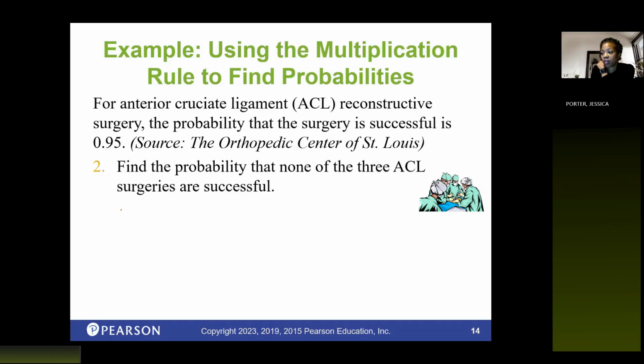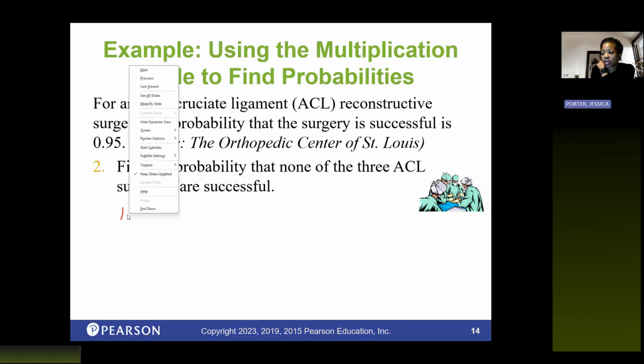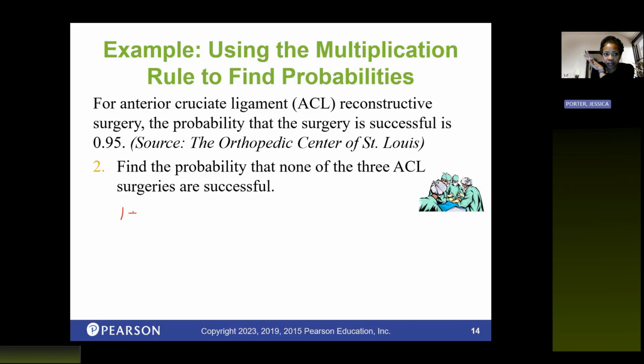Can you remind us where the 0.05 comes from? Successful is 0.95, right? So the complement of that is 1 minus 0.95, which would be 0.05.